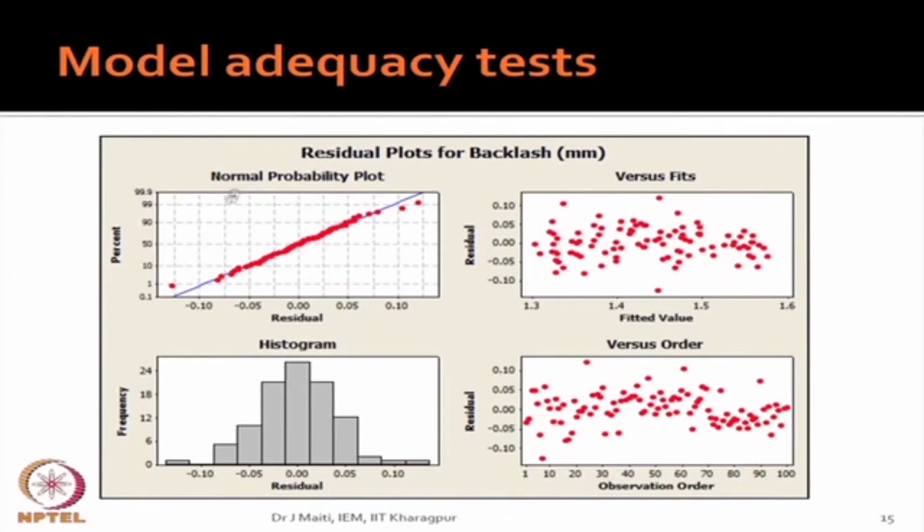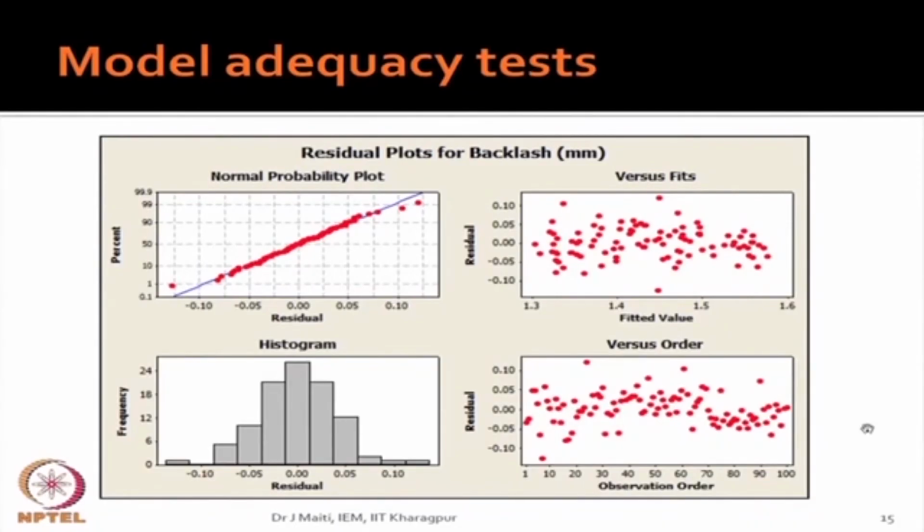So, the errors are showing normal, and if you go for the fitted value versus residual, that means independent observations, there should not be any trend, and there is no trend. If I see the histogram also, it is almost normal, and from the autocorrelation point of view, residual versus observation order, I do not find any correlation because there is no trend available.